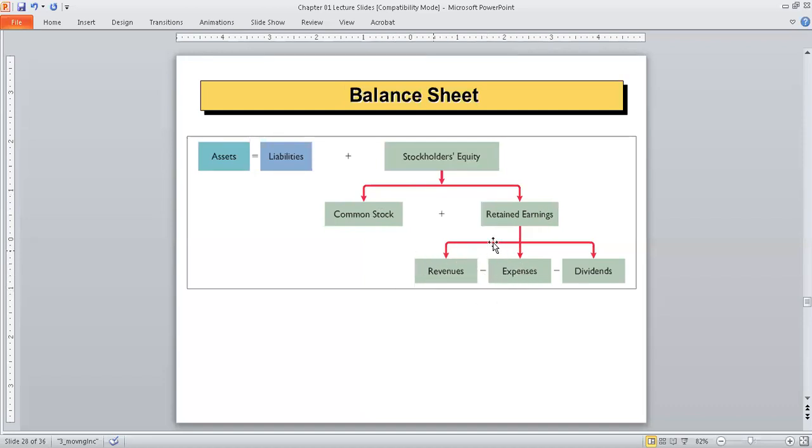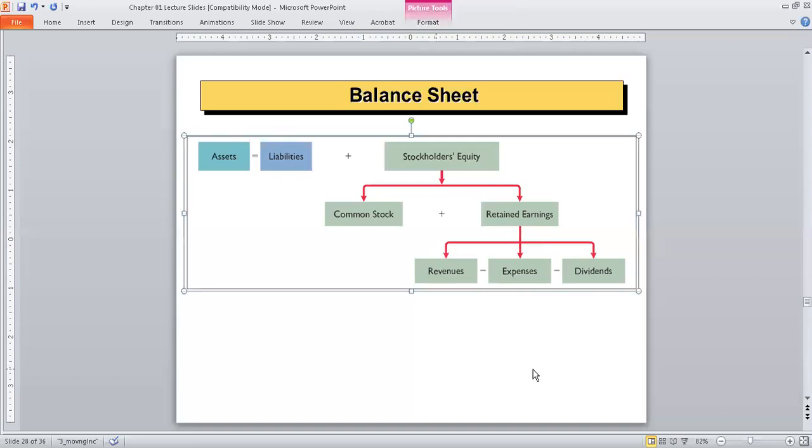This is the income statement right here. And dividends, obviously, profit sharing. So this, revenues minus expenses minus dividends, that's the retained earnings statement. So what this illustration does is it shows you how the financial statements link together.